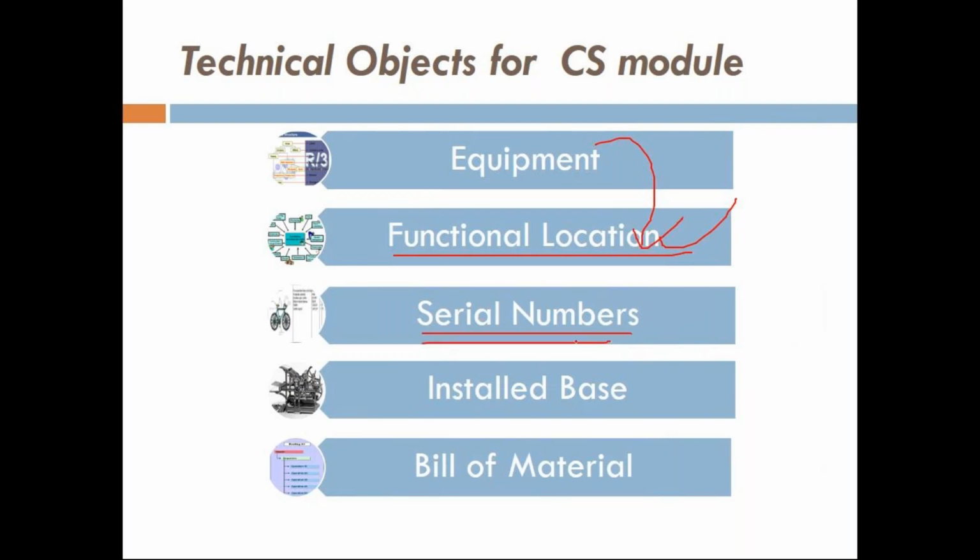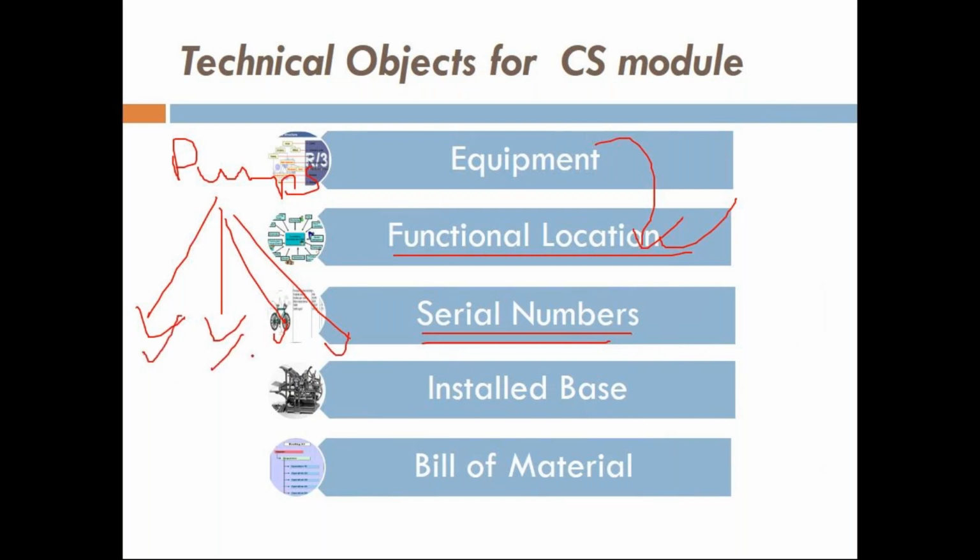After that, serial numbers. Now you are selling the same product to different customers. So how will you identify each pump separately? With the serial number. Take the case of iPhones.